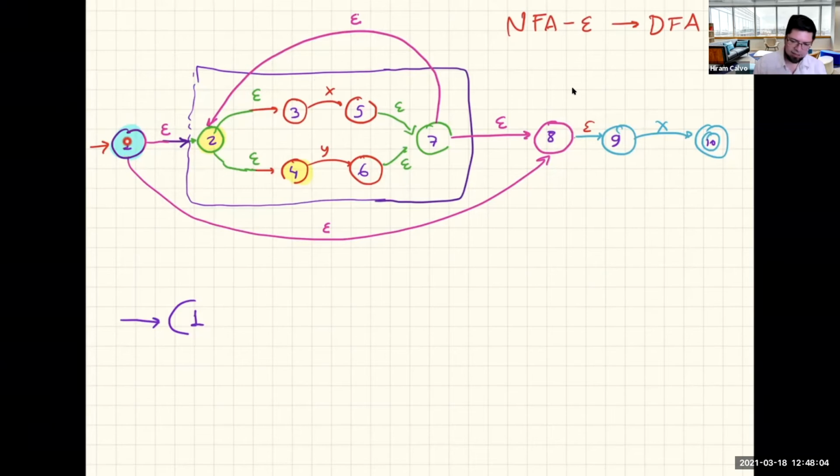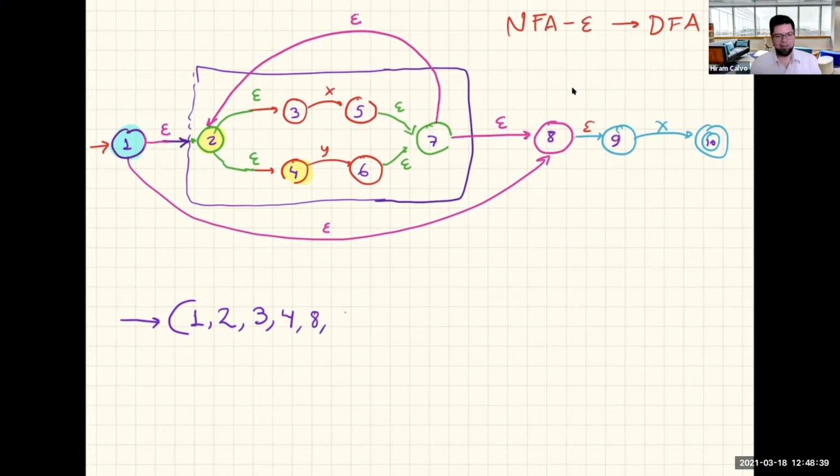So again, standing on 1, I can reach 2, and in turn, I could reach 3 or 4, and also I can reach 8, and in turn, I could reach 9. So we will write all those states. We will merge them here. So I write 2. From 2, I can reach 3, I can reach 4, and also from 1, I could reach 8, and also from 8, I could reach 9.